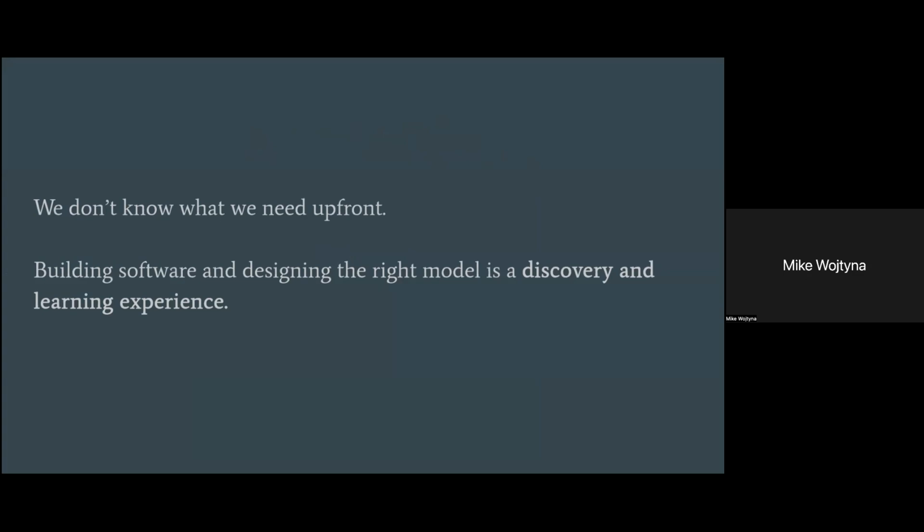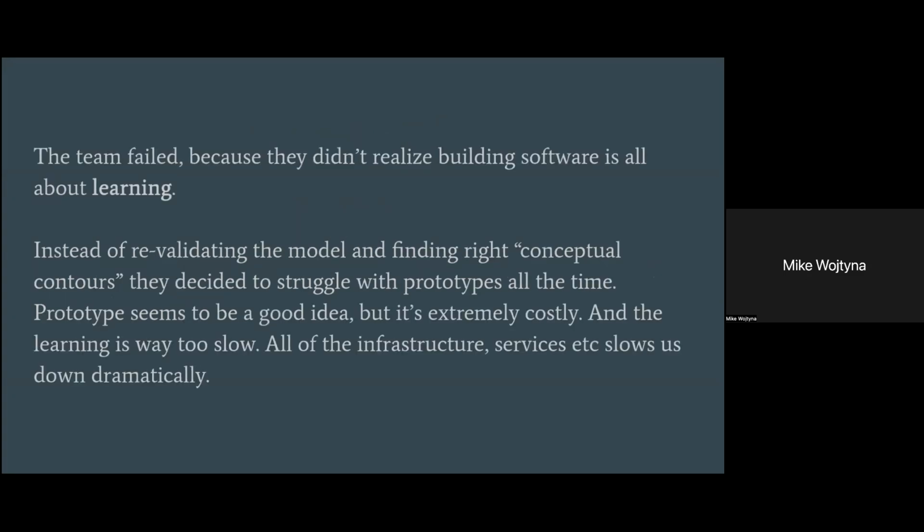So not really lack of vision, but lack of learning, I would say. So the team failed because they didn't realize that building software, building products, building projects, it's all about experimenting. It's all about learning, because we simply don't know what we need.